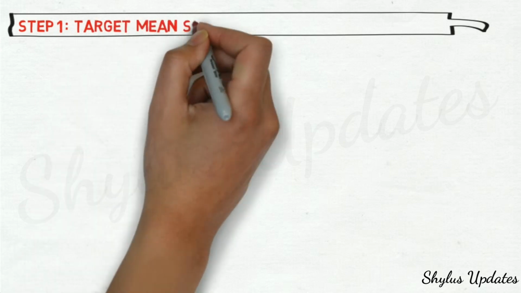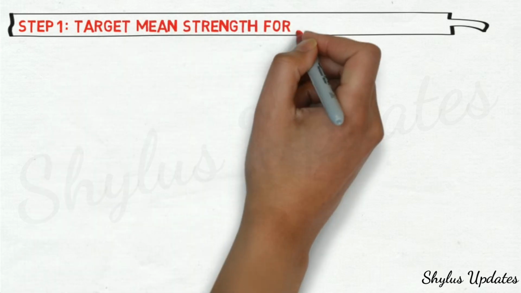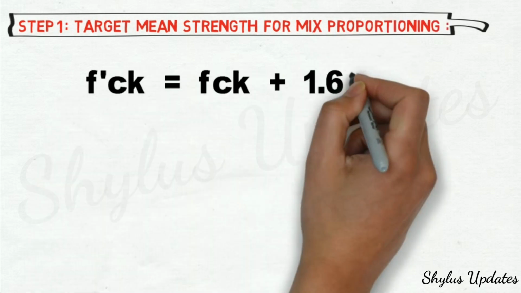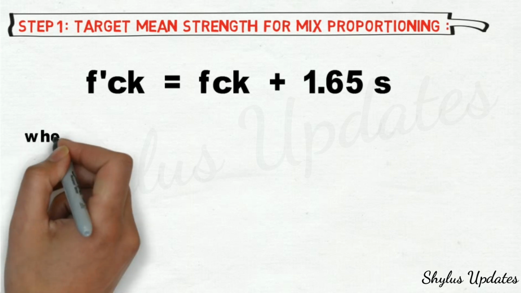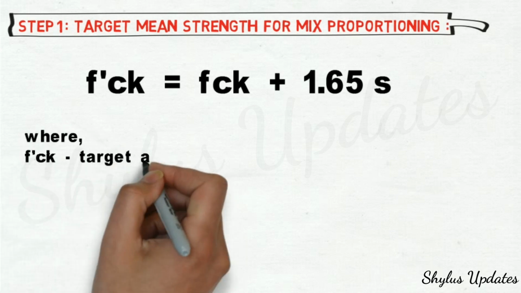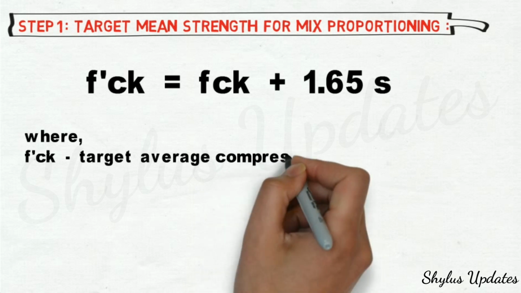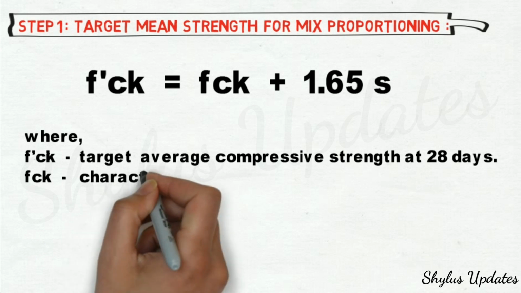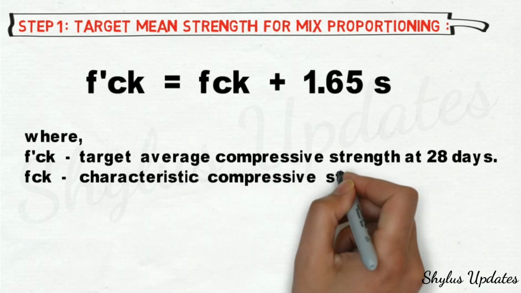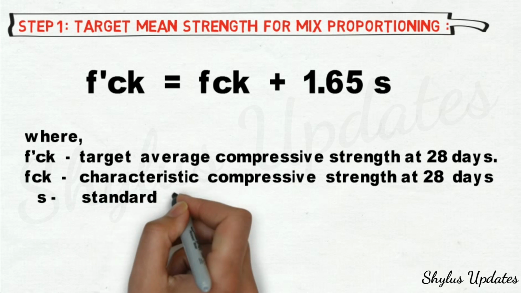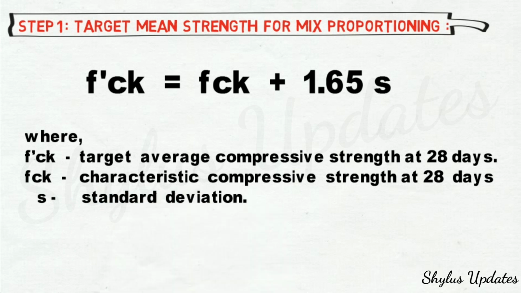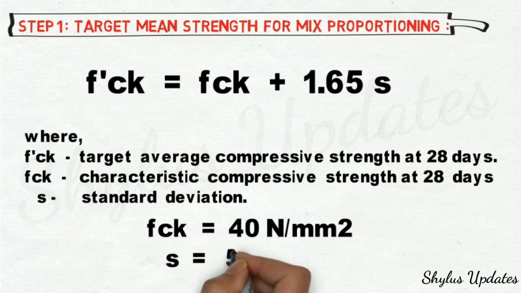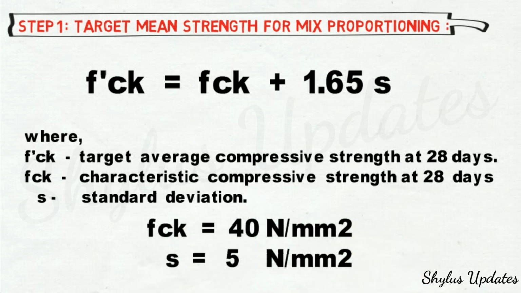Step 1. Target mean strength for mix proportioning. F'ck equals fck plus 1.65 into S, where F'ck is target average compressive strength at 28 days, fck is characteristic compressive strength at 28 days, and S is standard deviation. fck is 40 Newton per mm square, S is 5 Newton per mm square.